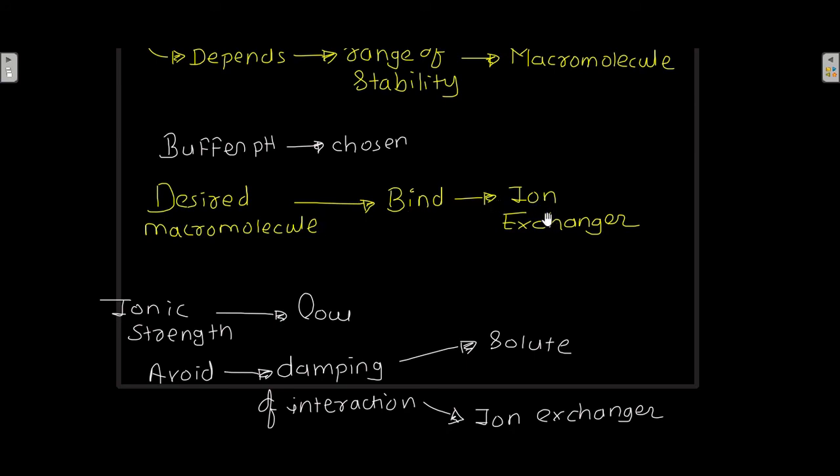The net charge on the macromolecule depends upon the pH, right? So we choose the buffer pH in such a way that the desired molecule has a charge opposite to the ion exchanger, and that is the reason why the desired macromolecule will bind to the ion exchanger.